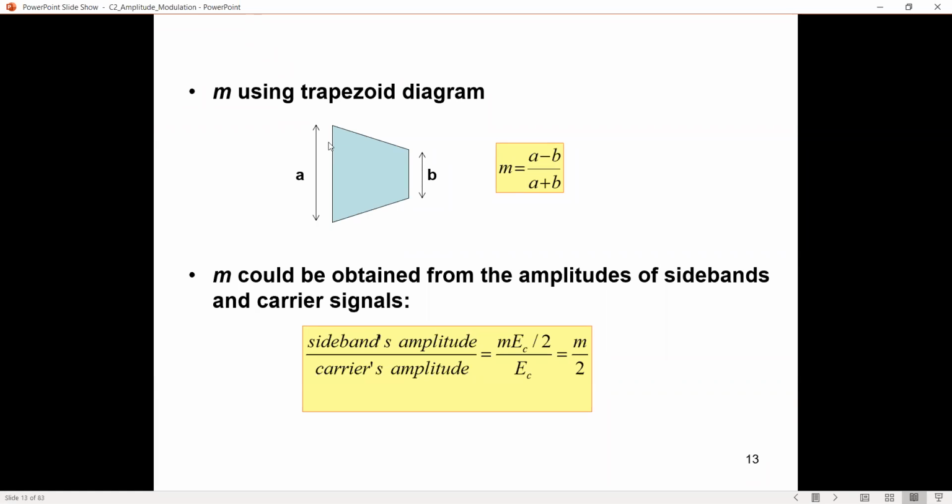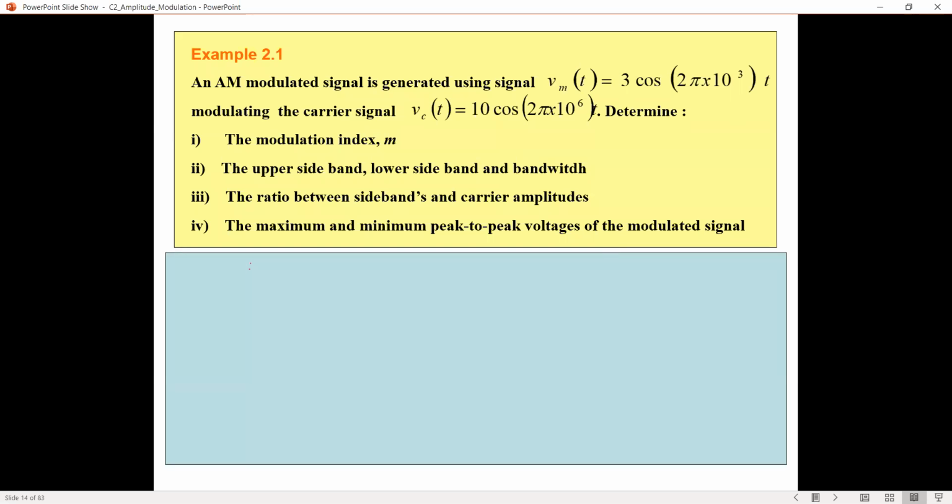When you connect to different points on your board, you will be able to view the trapezoid diagram. This trapezoid diagram represents the Vmax peak to peak and Vmin peak to peak. We can also obtain M from the amplitudes of our sidebands and carrier signals. But you need to remember that M equal to EM over EC is only applicable for full AM, the most fundamental AM type.